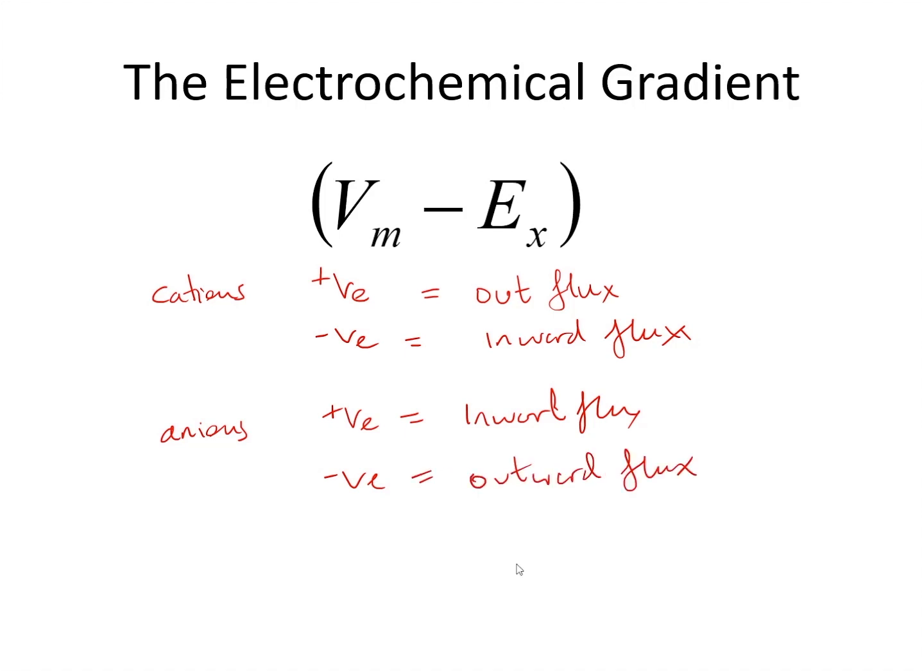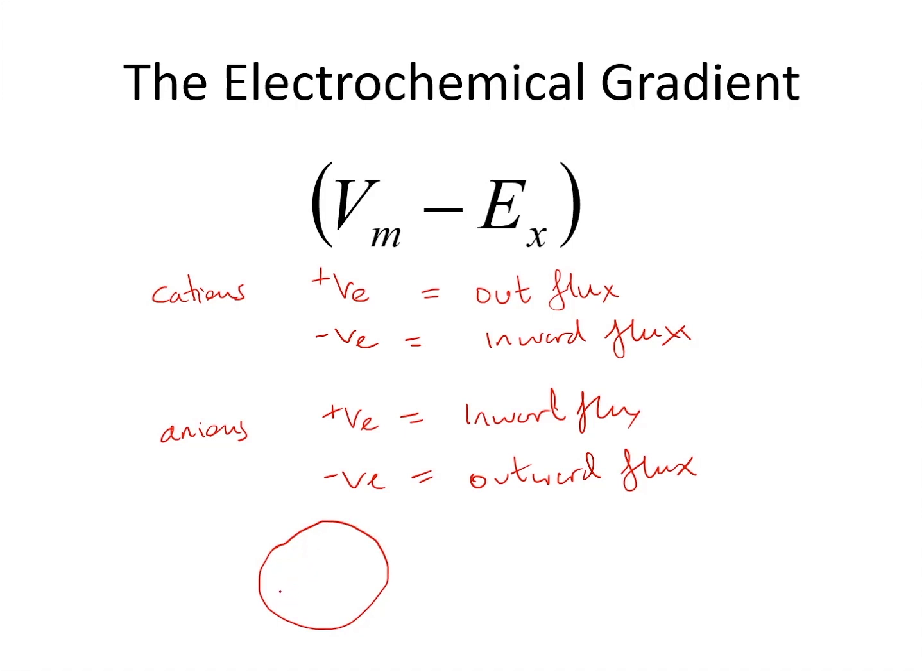Should you ever be required to think about which direction an ion is moving in, though, I would suggest instead of doing mathematics, you take a look and compare the voltage to the equilibrium potential, and then ask yourself, which way would my ion have to move to move from the voltage towards its equilibrium potential? Let me give you an example.